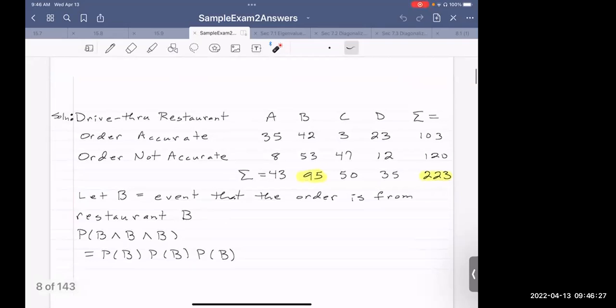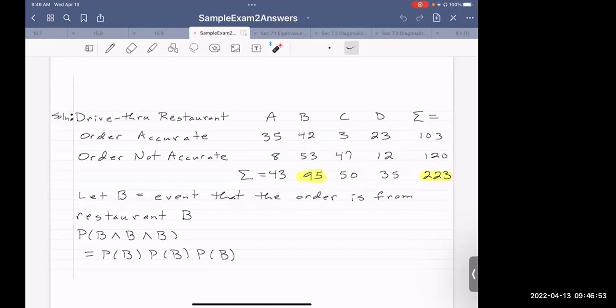So let B be the event that the order is from restaurant B. And so let's add up each of these. So I have 43, 95, 50, 35. Let's add up these. We get 103, 120. Let's add up these. So we get 223.